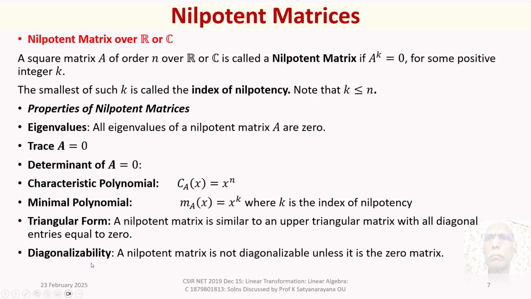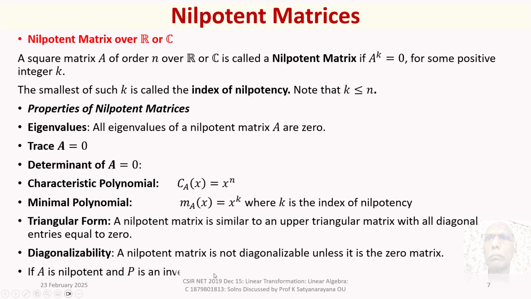A nilpotent matrix is not diagonalizable unless it is the 0 matrix. That means a non-zero nilpotent matrix is not diagonalizable. So, out of all the nilpotent matrices, the 0 matrix is the only nilpotent matrix which is diagonalizable.